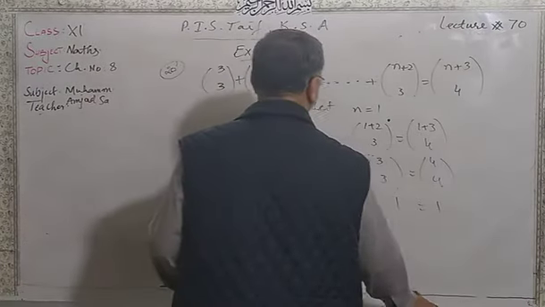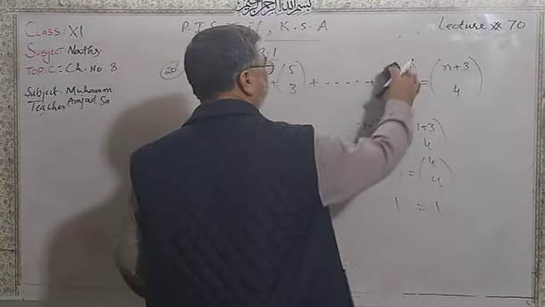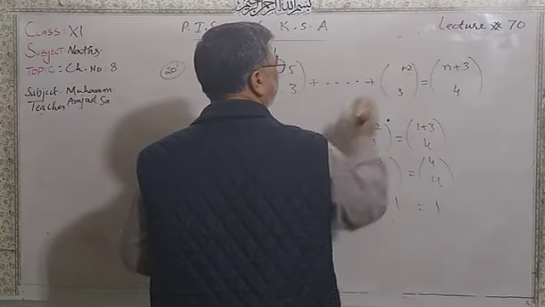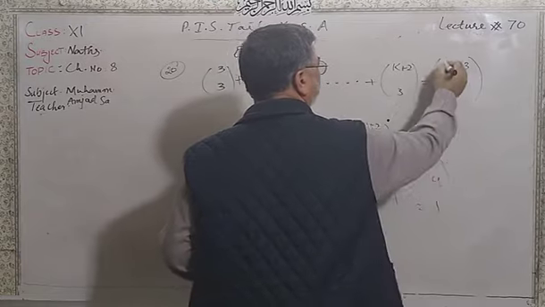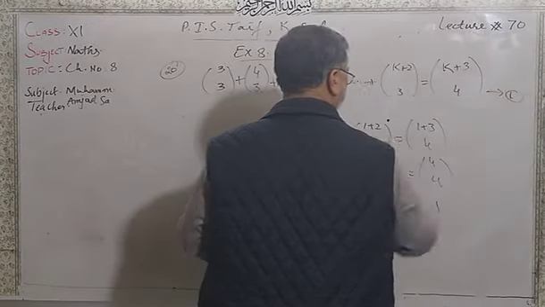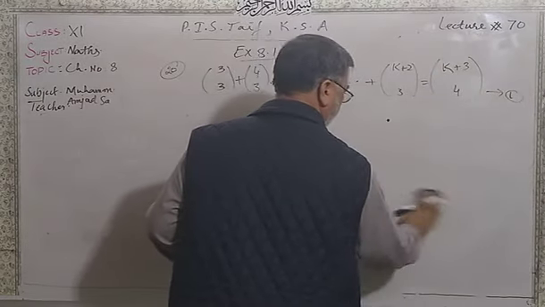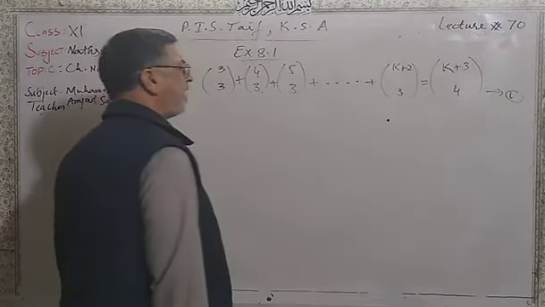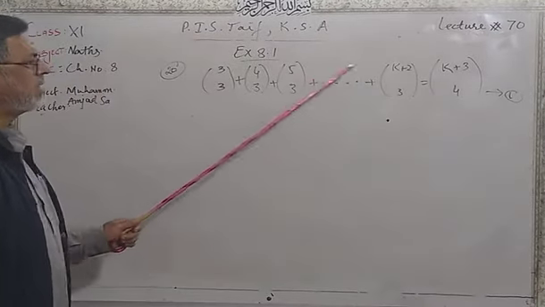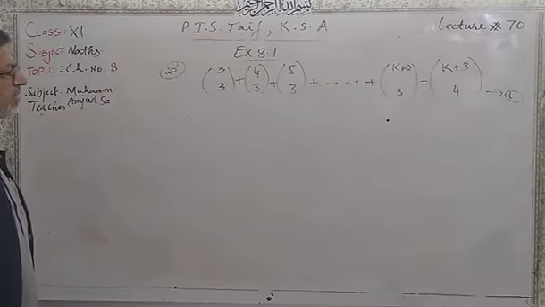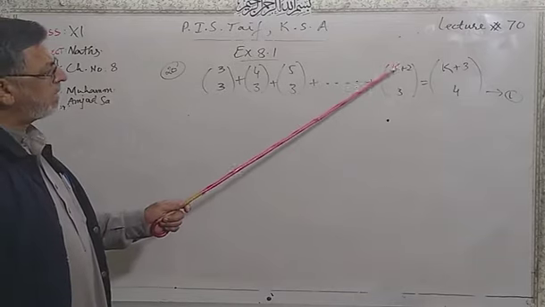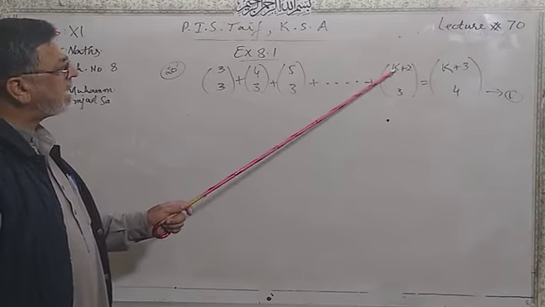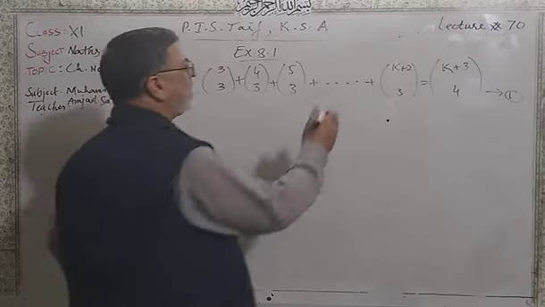Let us consider it is true for n is equal to k. This is equation number 1. We have to prove that it is true for n is equal to k plus 1. To find the next term, last term of left hand side, replace k by k plus 1.